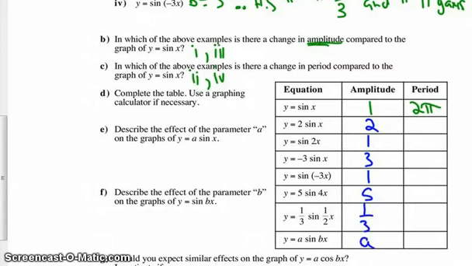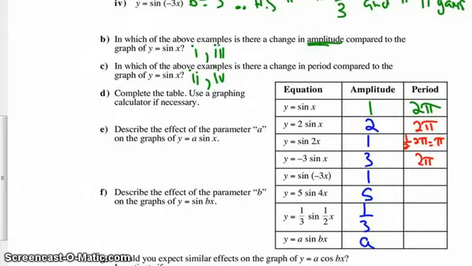If I move over to the period, how has period been stretched? Well, I can clearly see that there is no b value, so the period in the second one is just going to be 2 pi. This is going to be 1/2 of 2 pi, so that would be equal to pi. This is simply 2 pi. There is no stretch.